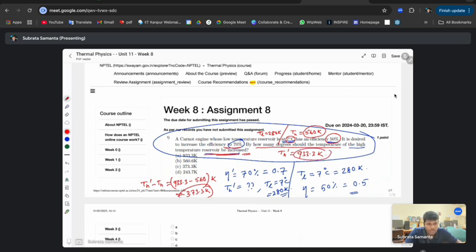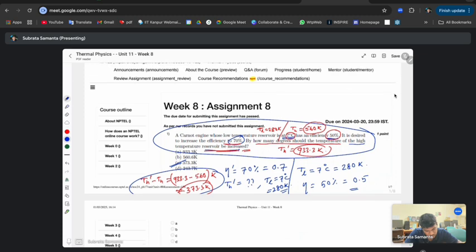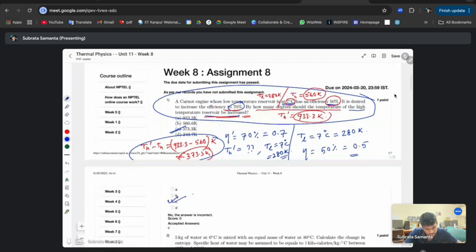So how many degrees should the temperature be increased? It's basically the difference of these two, TH prime minus TH. So the option C is correct.